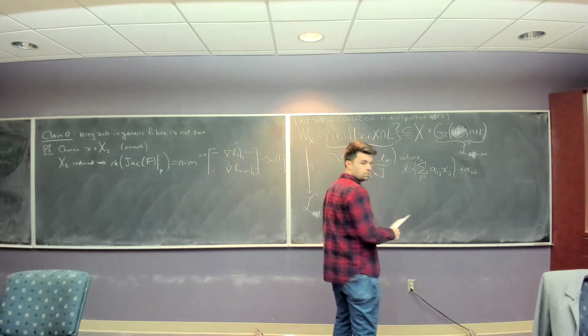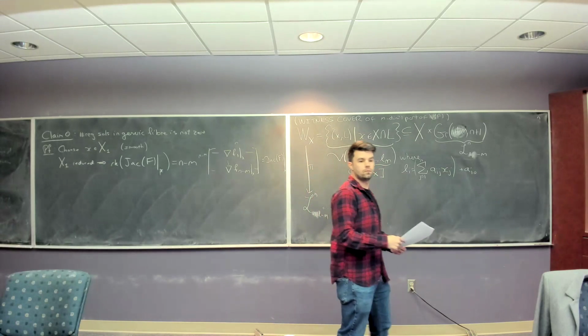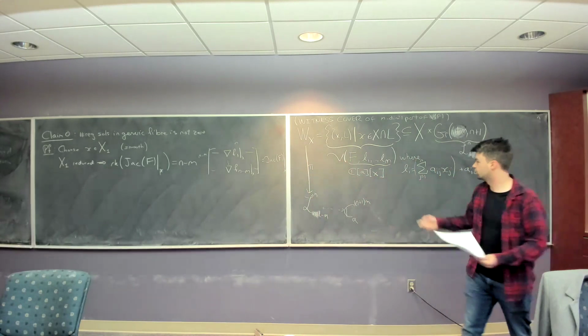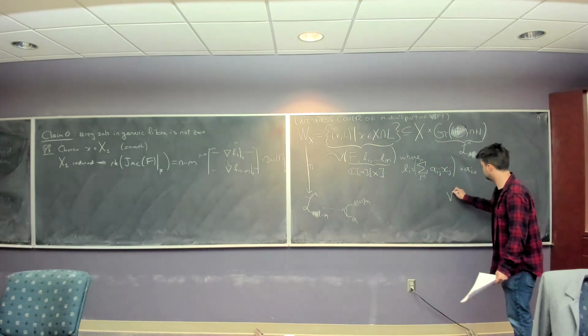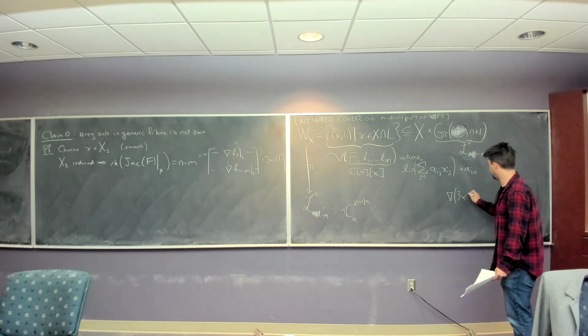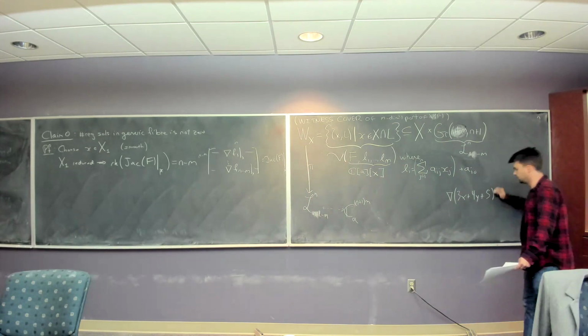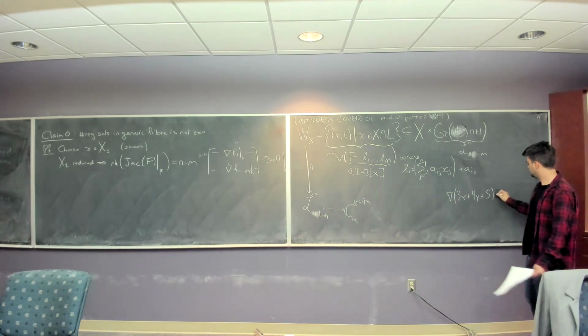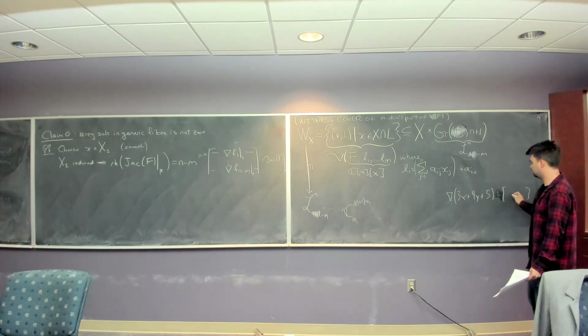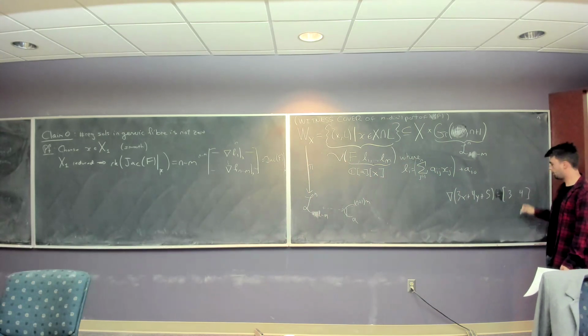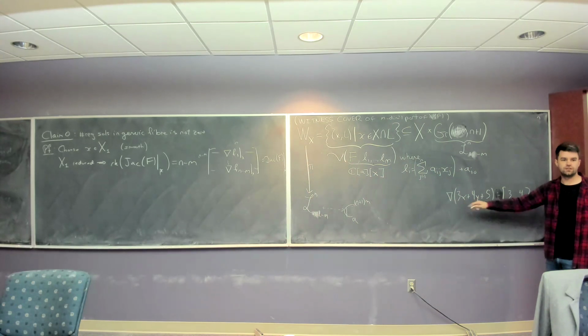There's just some linear equations, right? For example, if I asked you to take the gradient of 3x plus 4y plus 5, what would it be? 3, 4. It's the coefficients of the variables, yeah.